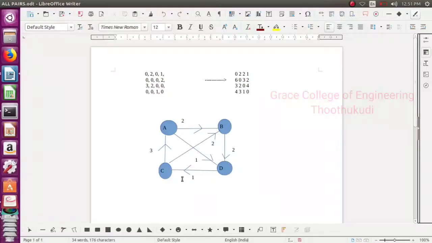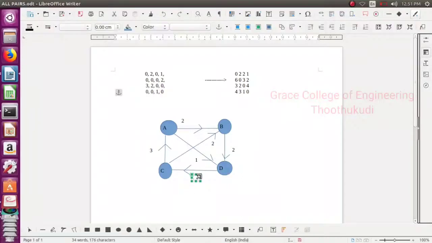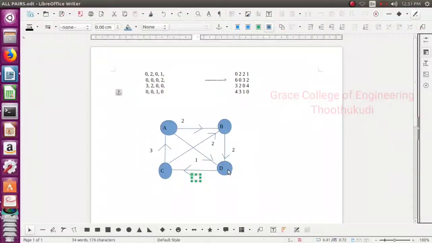Otherwise you can move D to C, C to B, where we have the cost 3. So take 3 as the shortest distance. Then the next one, D to C: we have a direct path of 1. So this is our shortest path from all vertices.